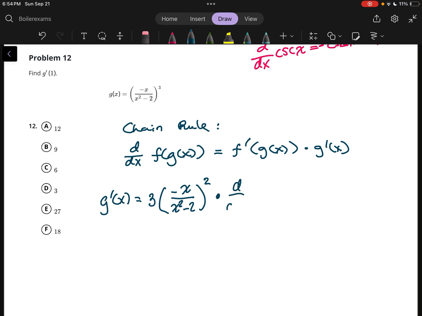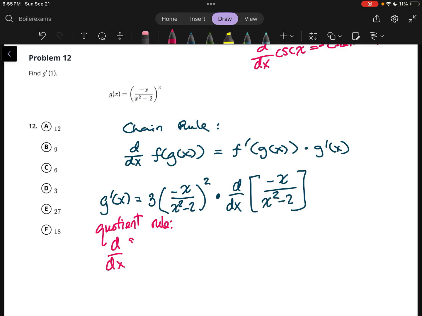And now we want to find the derivative of negative x divided by x squared minus 2. To find the derivative of the second part, we need to use the quotient rule, which states that the derivative of u over v equals u prime times v minus v prime times u, divided by v squared.